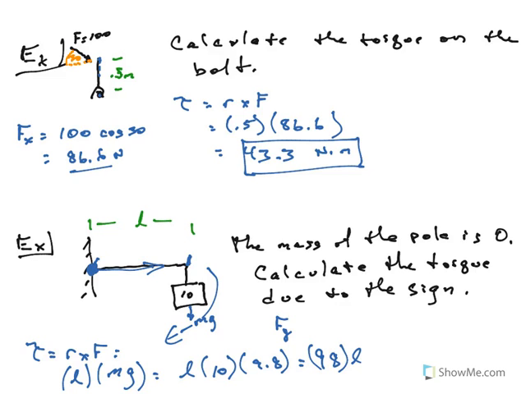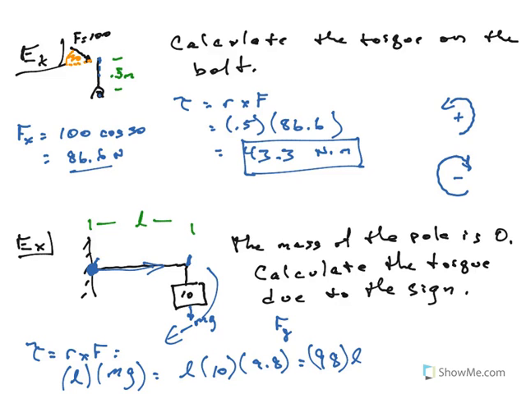However, in general, the standard, what most physicists, engineers, and mathematicians say, is forces which cause something to rotate counterclockwise is positive torque. And a force which causes a rotation which is clockwise will be a negative torque.